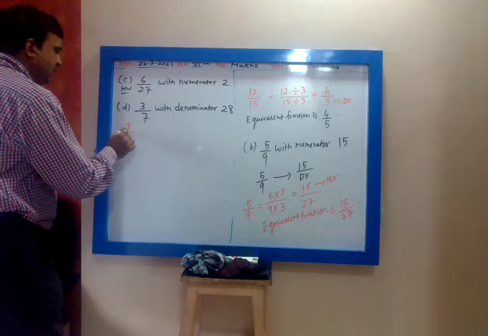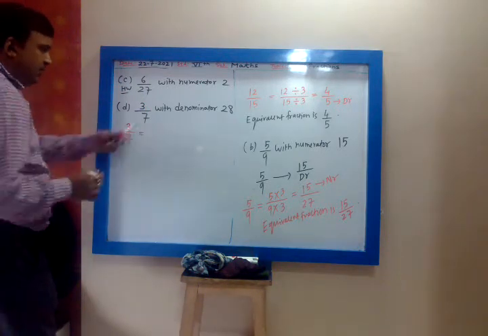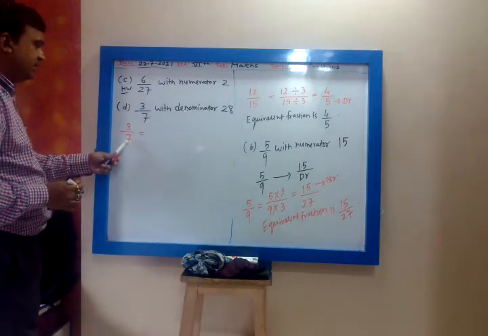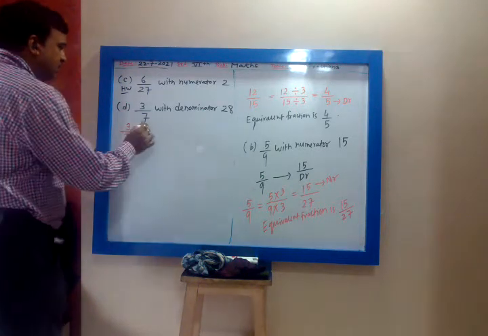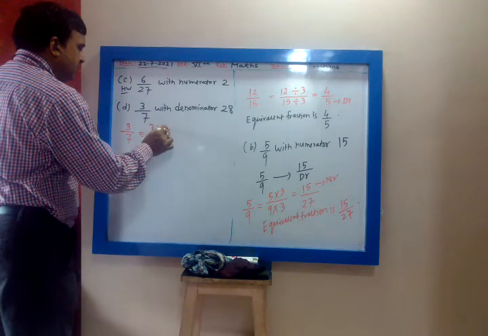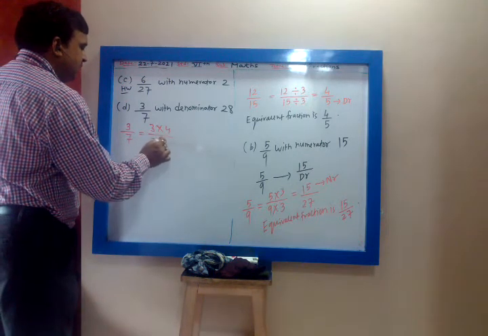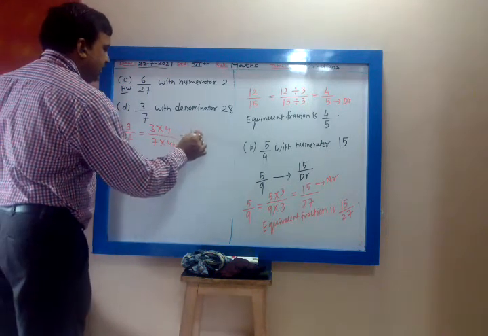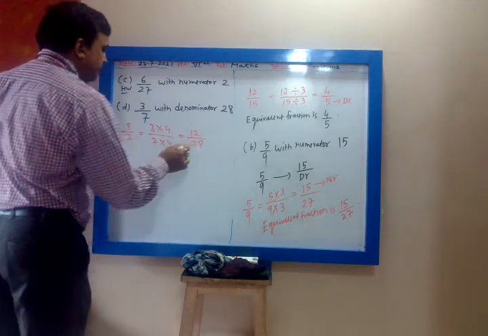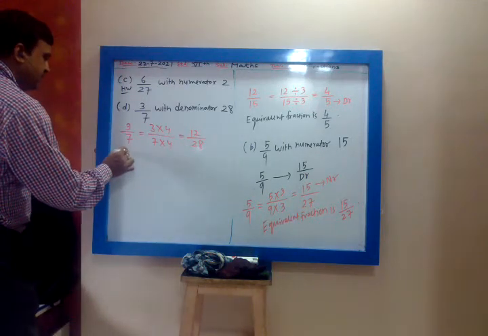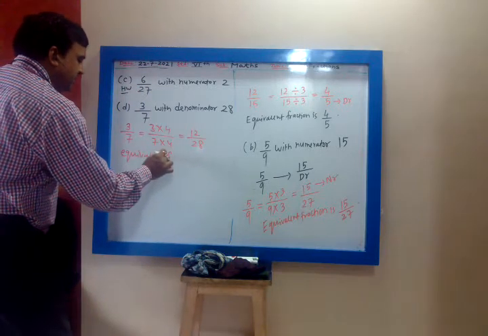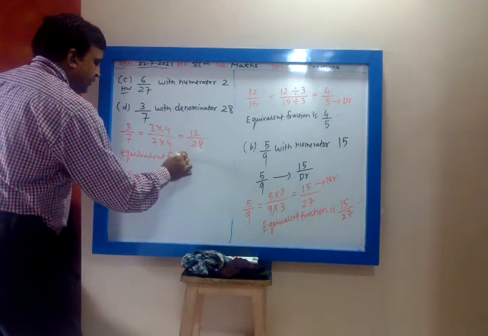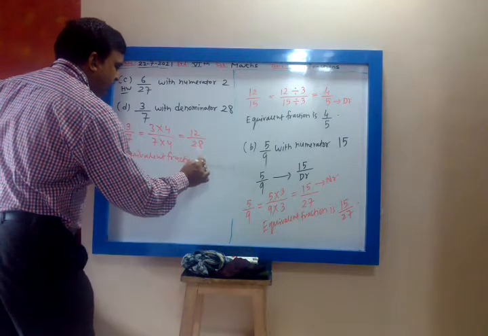Denominator is 7, so I will have to multiply 7 by 4. So 3 4s are 12 upon 7 4s are 28. So the equivalent fraction is 12 upon 28.